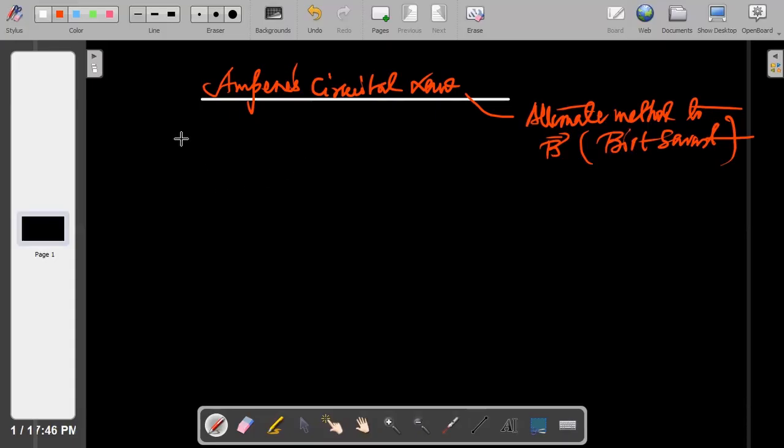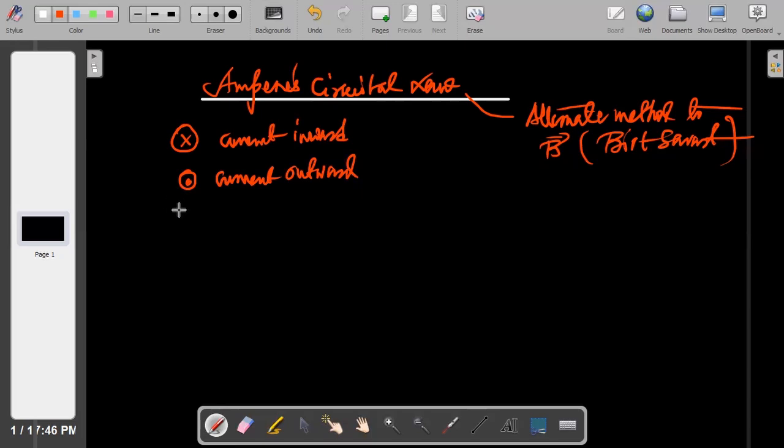And already we have discussed this cross is the current coming inward. We are assuming that current coming in the inward direction, and dot we are writing for current in the outward direction, right?